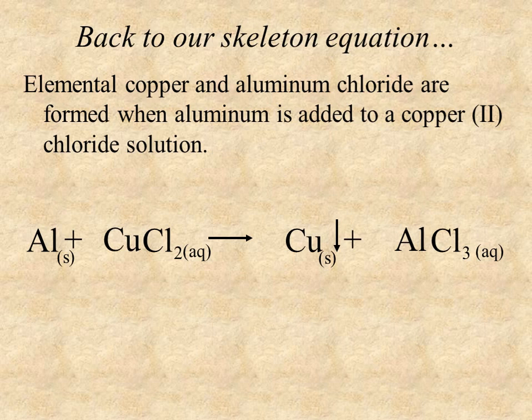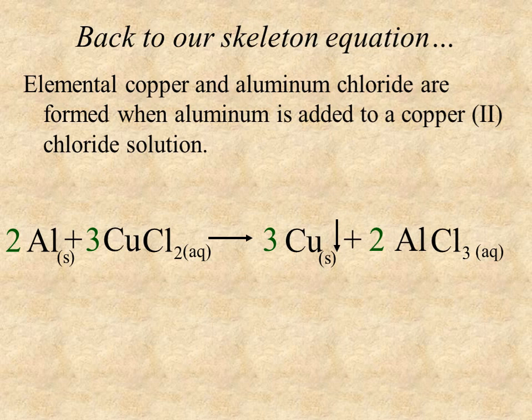So with the aluminum chloride on the product side, we've currently got 3, so that needs a coefficient of 2. That will give us 6 chlorines. On the copper 2 chloride side, the reactant side, we're going to need a 3 as a coefficient. Now at this point, we need to balance both the coppers and the aluminums. And so in front of the copper, we need a 3.